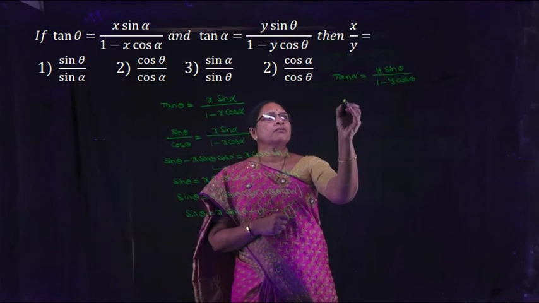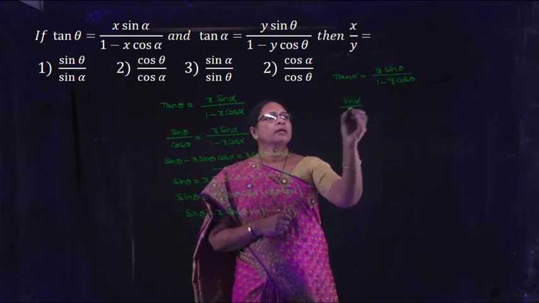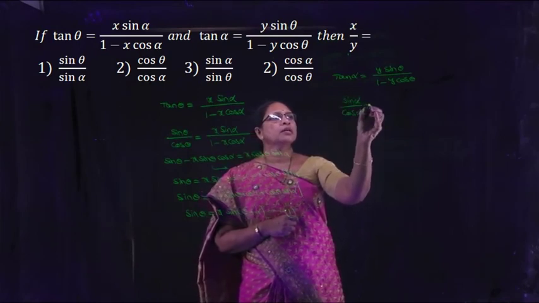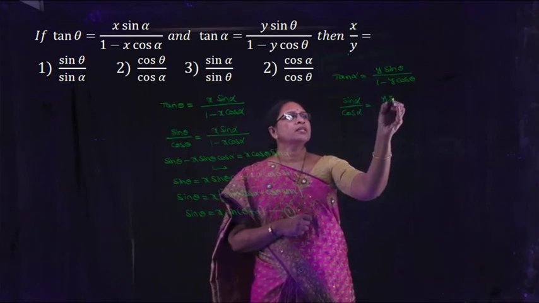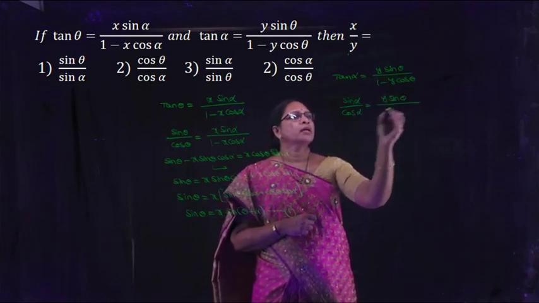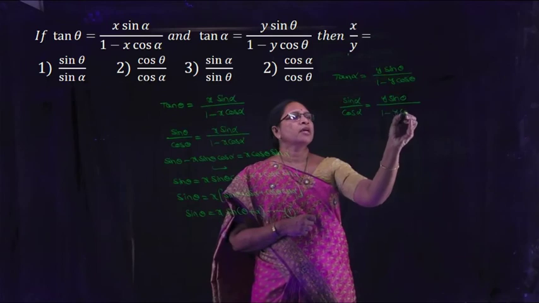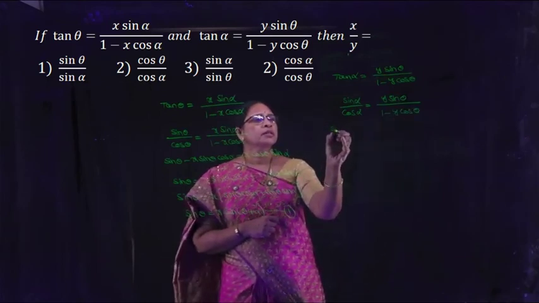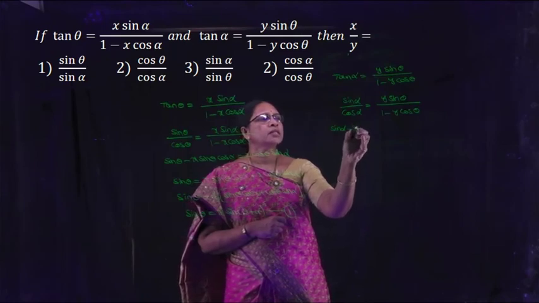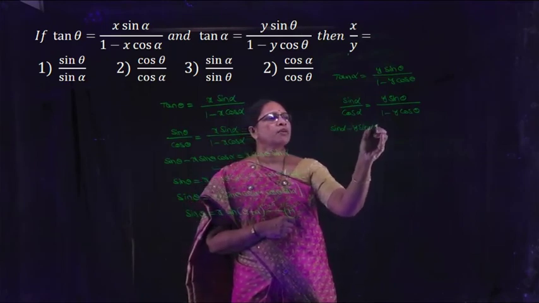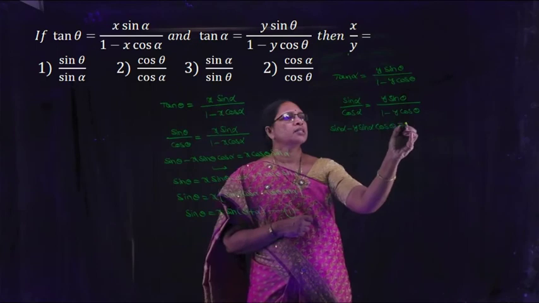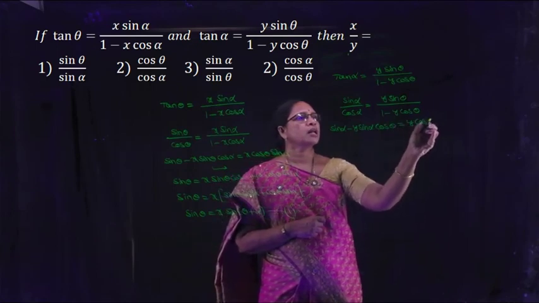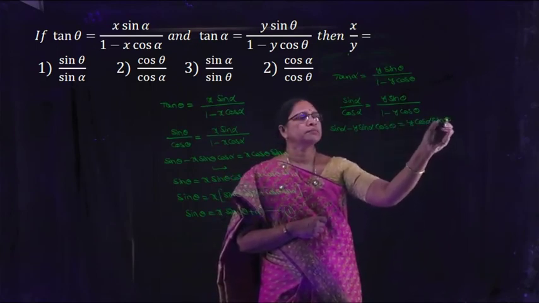Sin alpha by cos alpha is equal to y sin theta by 1 minus y cos theta. By cross multiplying we get sin alpha minus y sin alpha cos theta is equal to y cos alpha sin theta.